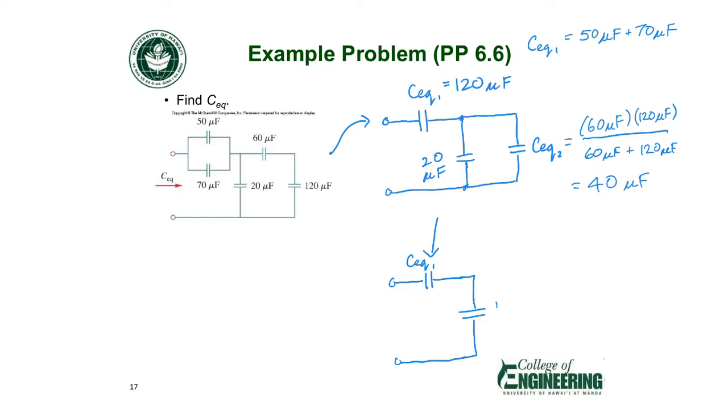So let's call this CEQ3. They're in parallel, so I'm just going to sum the two capacitance values. 20 microfarads plus 40 microfarads. So this is 60 microfarads. And CEQ1 was 120 microfarads.